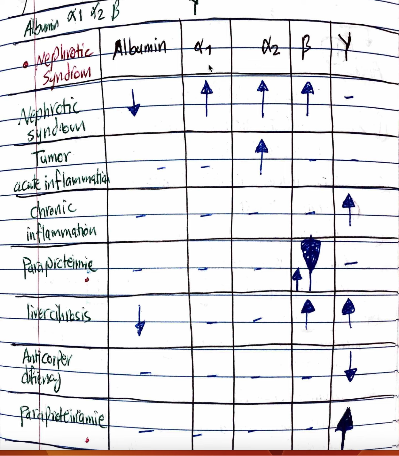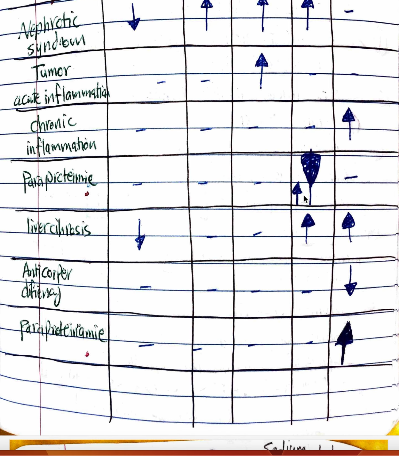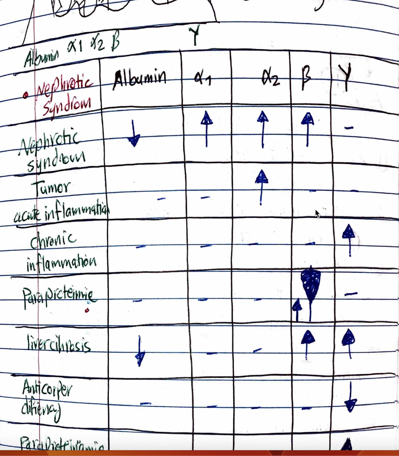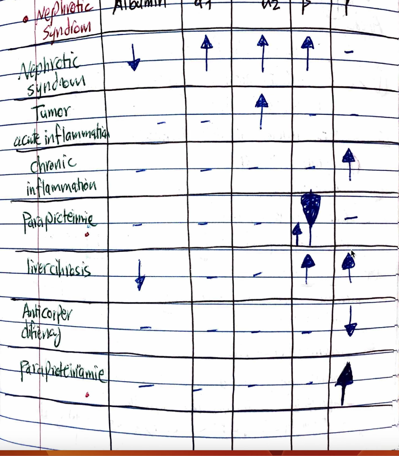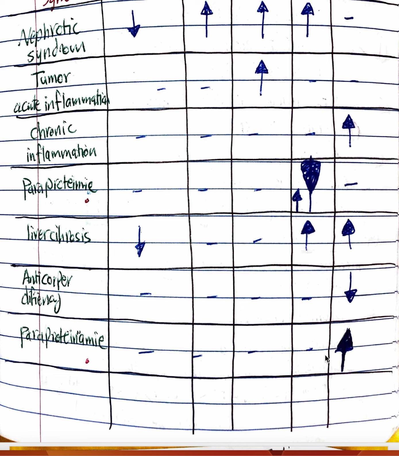And beta globulin increases also in nephrotic syndrome, paraproteinemia, and liver cirrhosis. And the gamma increases in chronic inflammation, liver cirrhosis, and paraproteinemia, but decreases in antibody deficiency.